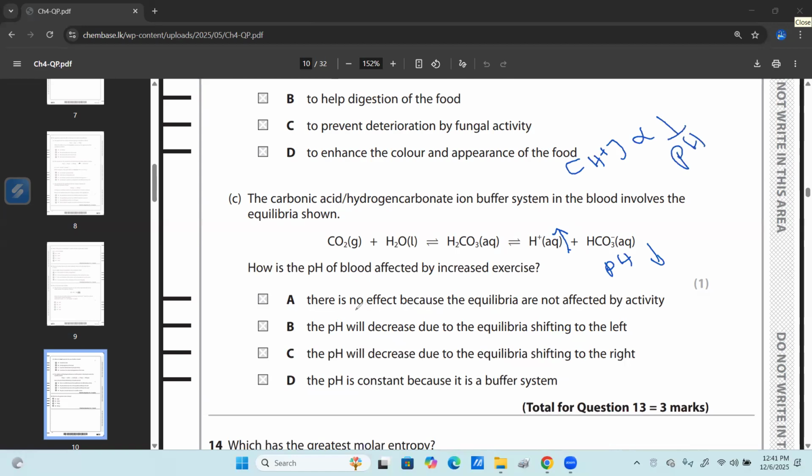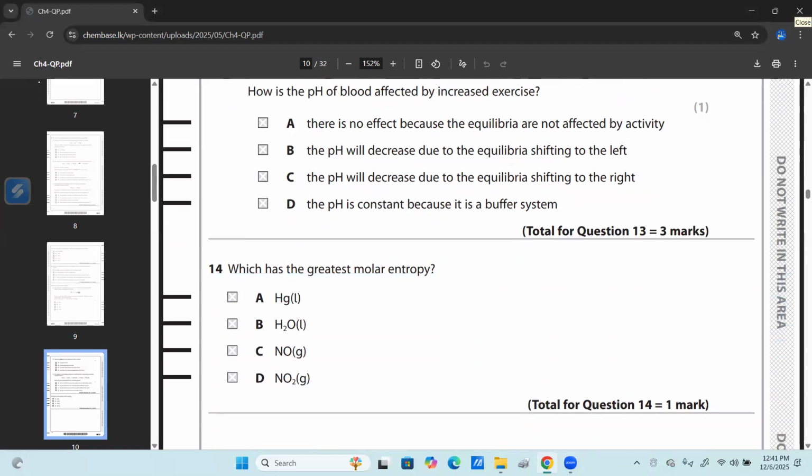So we'll see the correct answer. There is no effect because the equilibria are not affected. That is wrong. With increasing H plus, the only answer we can say is the pH will decrease due to the equilibrium shifting to the right, because of the inversely proportional relationship between H plus and pH.